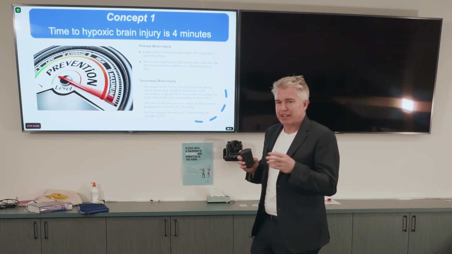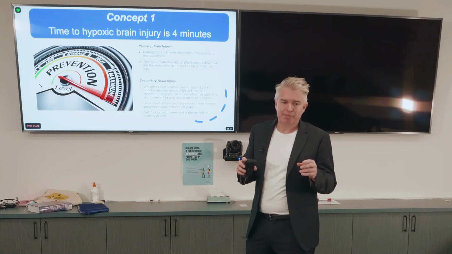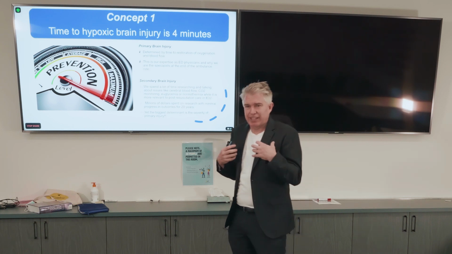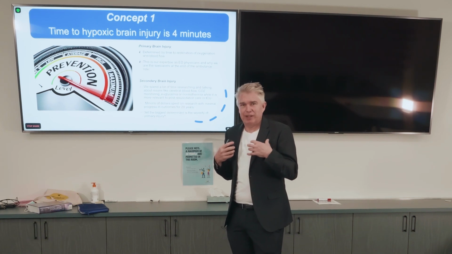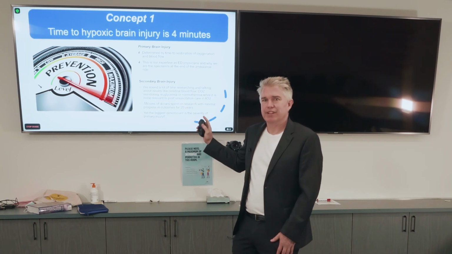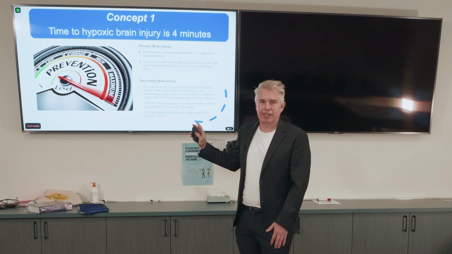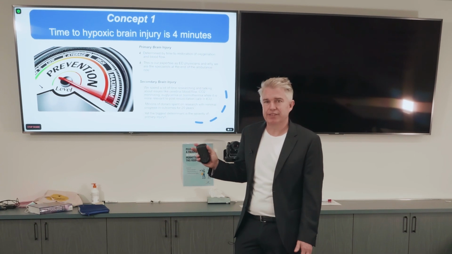Primary brain injury is determined by the time to restoration of oxygen and blood flow. And this is our specialty as emergency specialists at the end of the ambulance ride to intervene at this point. We have all the power to make the biggest difference to somebody's outcome in that first 5 minutes.